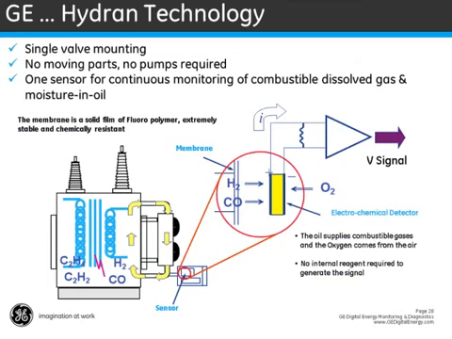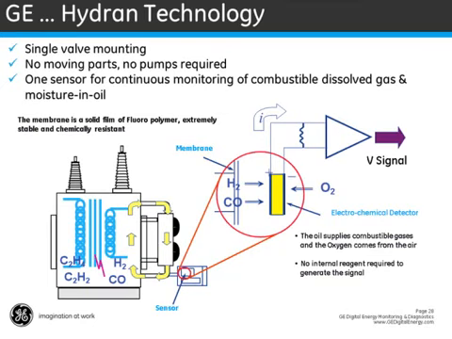If we look at how the gases are detected, a fuel cell is made up of three adjacent segments: the anode, which is the negative side, the electrolyte, and the cathode, which is the positive side. Essentially, a hydrogen sensor is built of two main components: a membrane, which is in continuous contact with the insulating oil, and an electrochemical sensor, or the fuel cell.